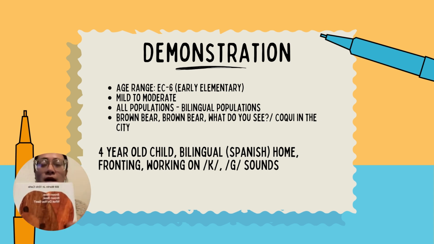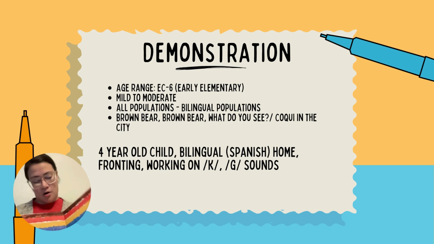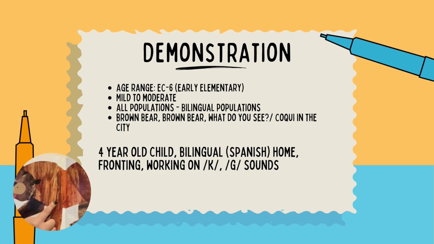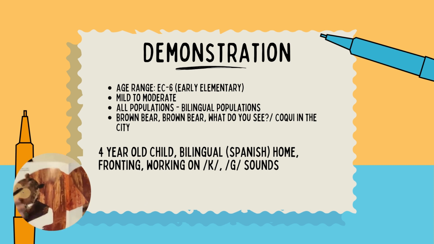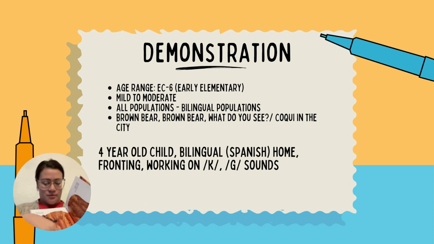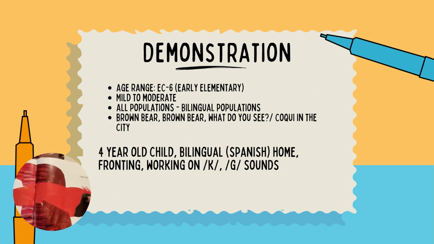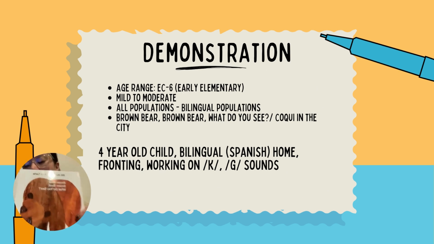A way to adapt it for bilingual children is you could always translate, maybe have in Spanish the word café or marrón, have the word oso, have rojo, just to help adapt it for a Spanish speaker.